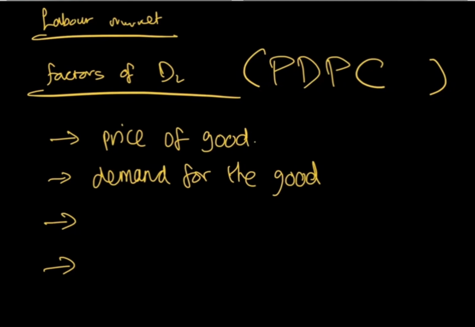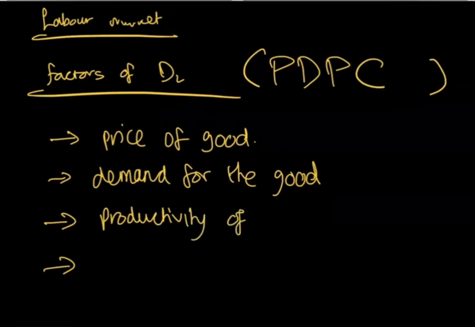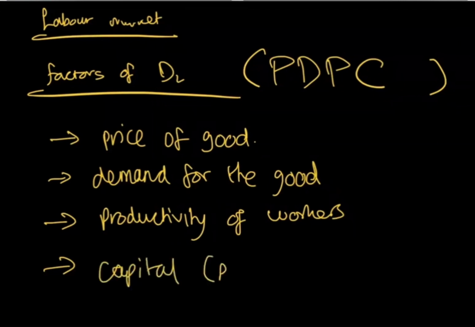What else? Productivity of the worker. Good. And then the price of capital, or technically the productivity of capital.